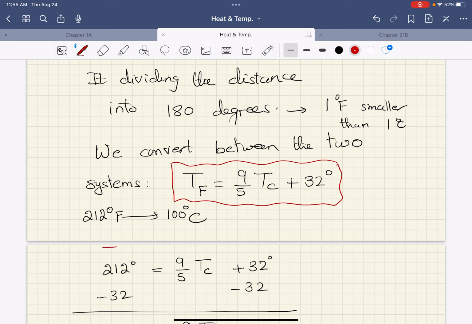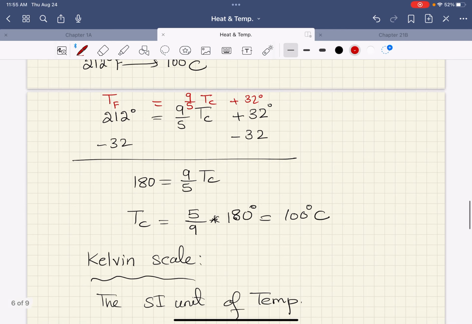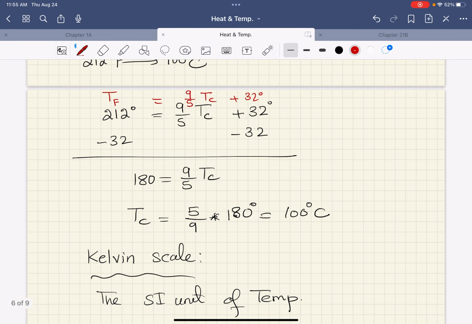I'm going to put the equation here: T Fahrenheit equals 9/5 TC plus 32. Then I plug in the numbers. To solve this equation, subtract 32 from both sides. Then we get 180 equals 9/5 TC, and TC is 5/9 times 180, and that is 100 degrees.